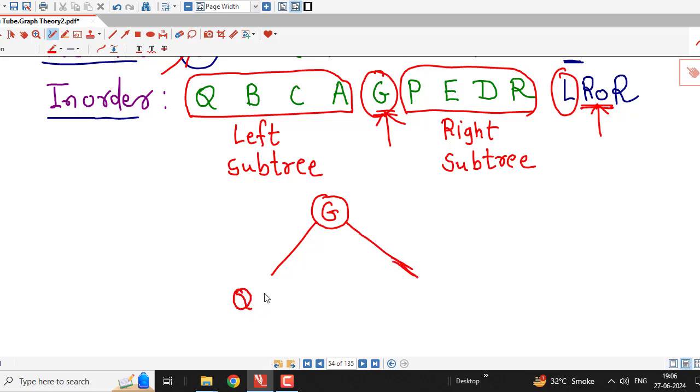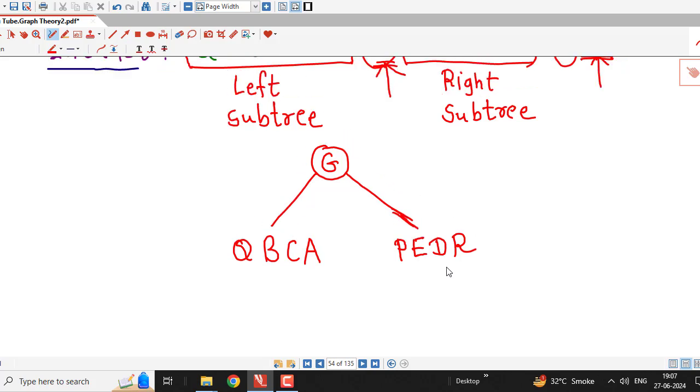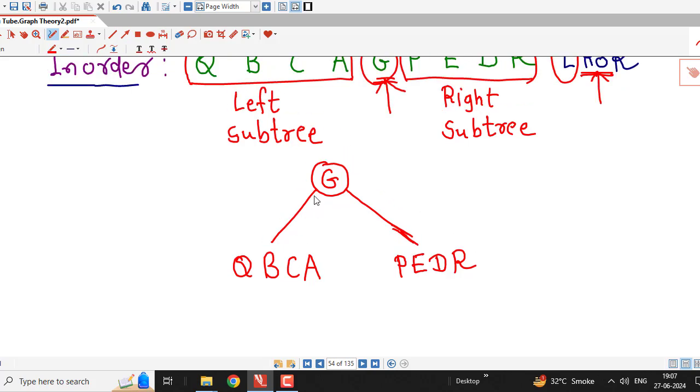Here roughly I am first writing this sequence of nodes for the left subtree, and these are the nodes for the right subtree. To process further, I have to determine the left child of this root G and the right child of this root G.